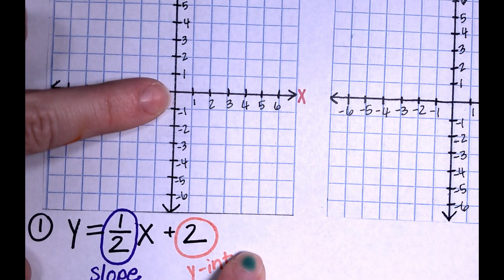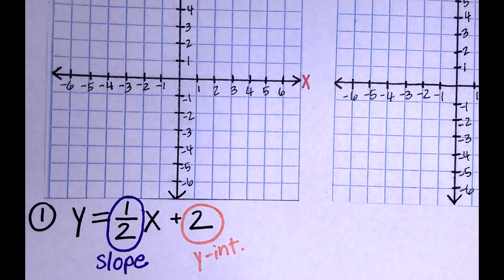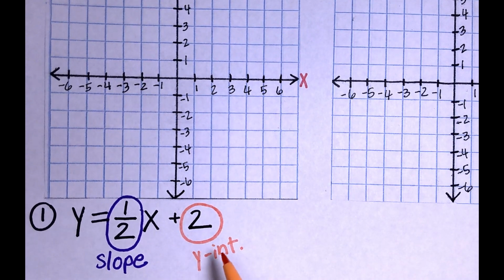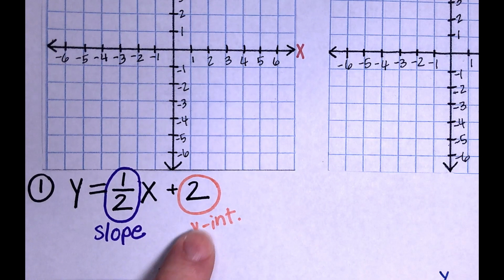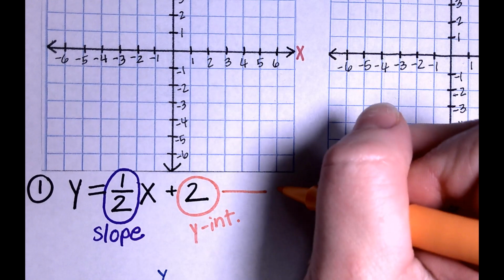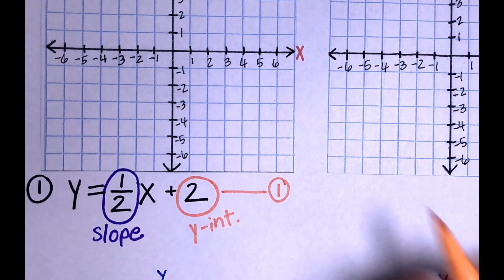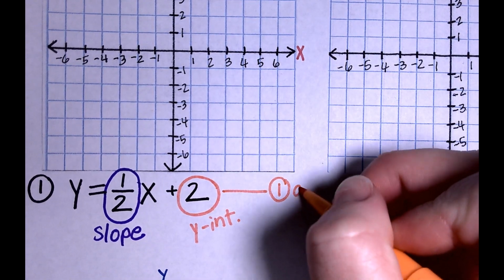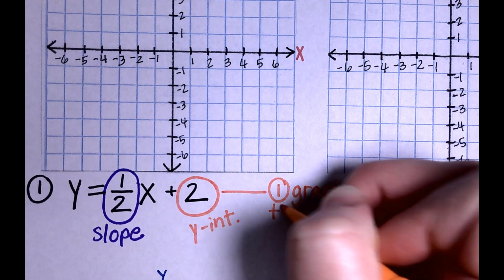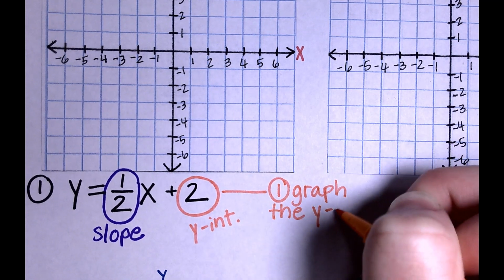I can explain that more here in a moment. But here's how we graph this. We begin with the y-intercept. Our y-intercept is 2, positive 2. So I'm going to write step 1, graph the y-intercept.